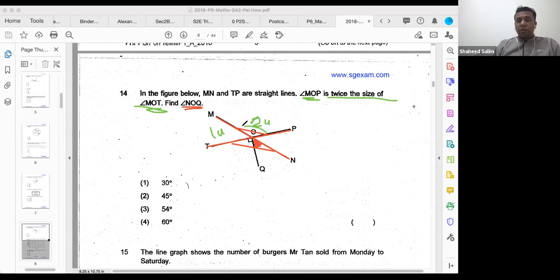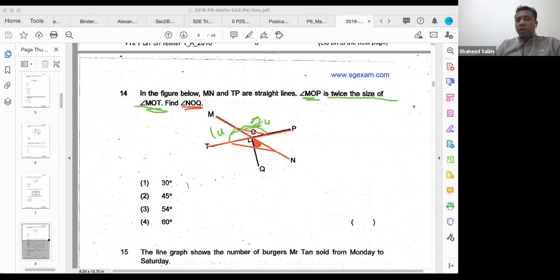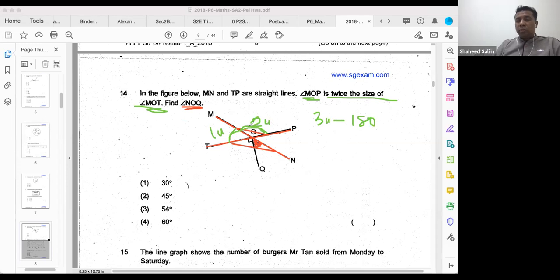From here to here is 2 units MOP. So 1 unit. So this altogether is how many? 180 degrees. How many units is 180 degrees? 3 units, because it's 2 units and 1 unit. So 3 units, 180. 1 unit, 180 divided by 3, 60.